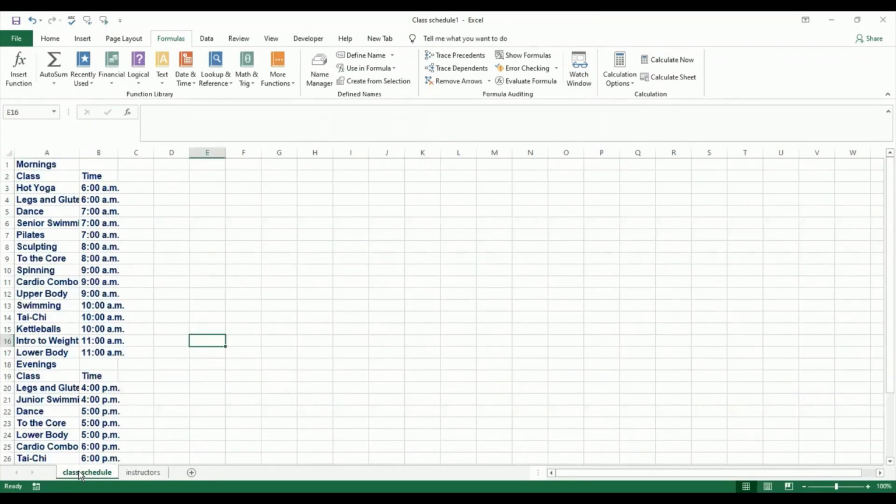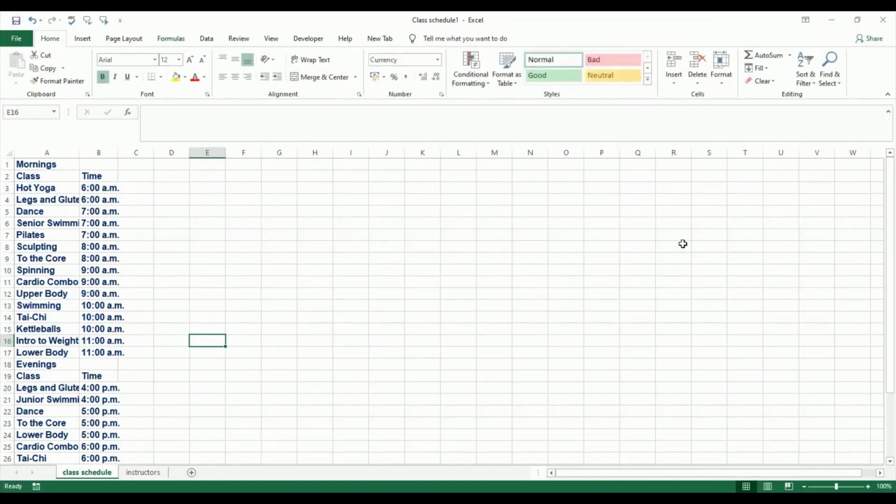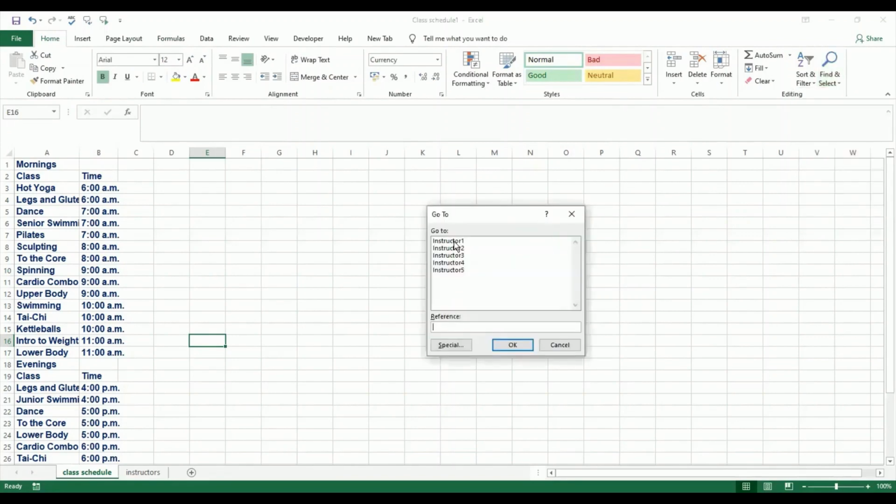The person enters and says, okay, I'm interested in strength training. Can you tell me who's doing strength training? I say, yeah, give me a minute. I'll tell you right now who's doing strength training today. Watch what I do. I go to Find and I go to Go To. And I know that instructor 1 is strength training.